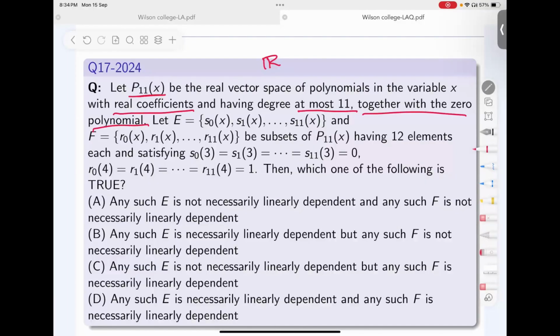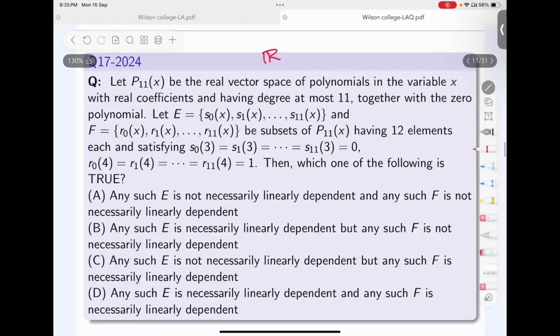And we have two sets, E and F. What is E? E has 11 members such that S0, S1 up to S11. So it has 12 members. What is the dimension of P11? 12.